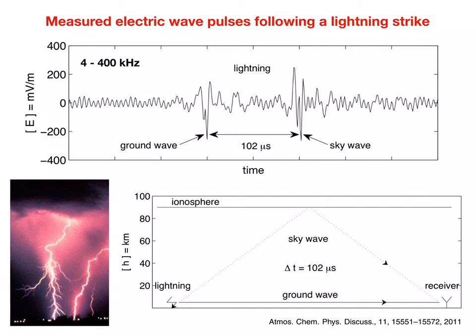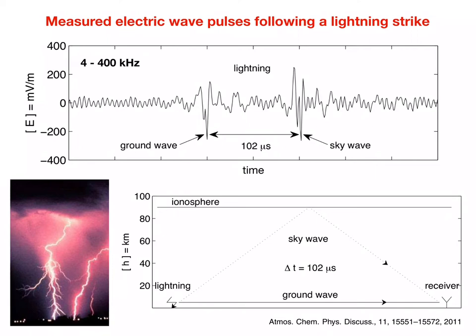A much more powerful realization of Hertz's experiment is that of a lightning strike, shown here. Of course, we see the light associated with the lightning propagating towards us as an electromagnetic wave. We can, however, also detect electromagnetic waves at other frequencies. Such a result is shown here. Two electromagnetic wave pulses are detected when electric field strength is plotted as a function of time.